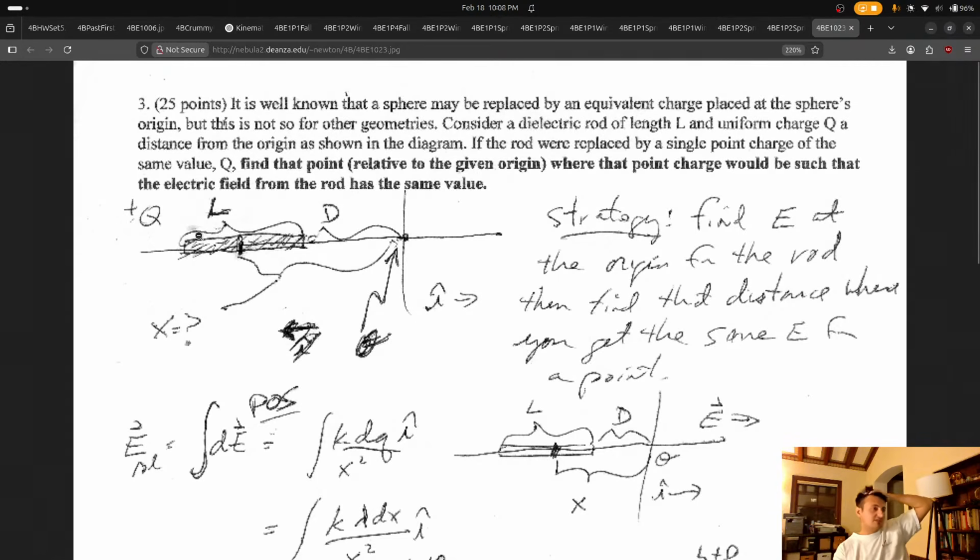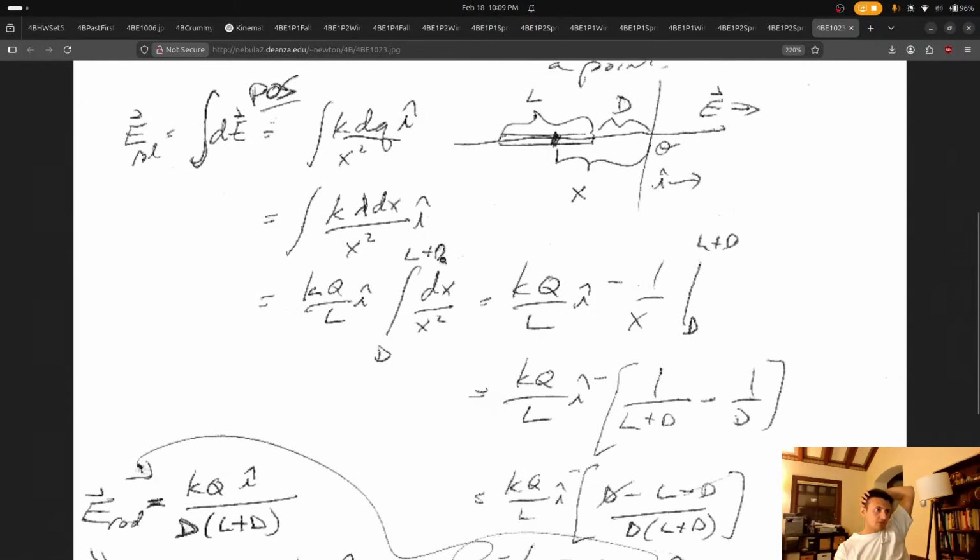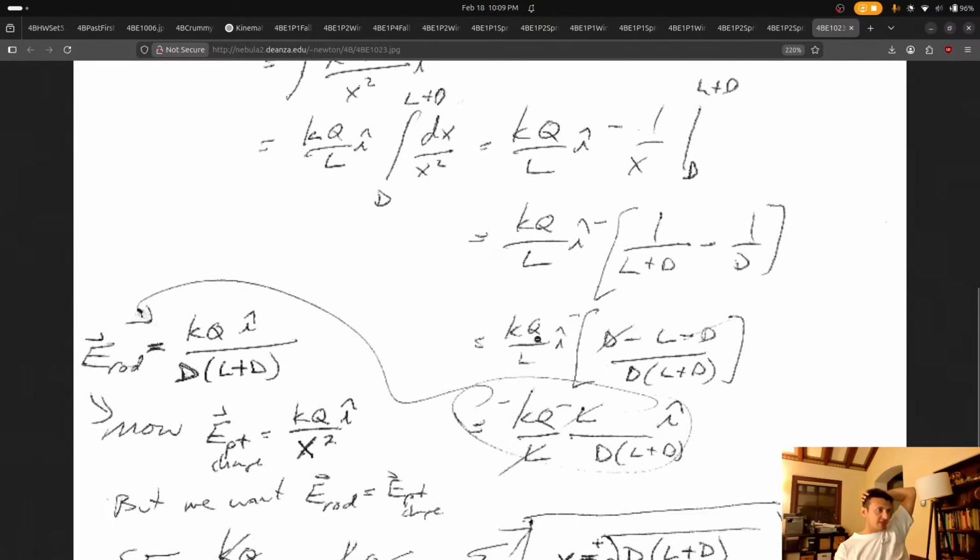So, okay, so this is just an integral dE. You find it for the rod. Once you have it for the rod, you evaluate. Okay, so here is the electric field due to the rod. Okay, so now, or here it is.